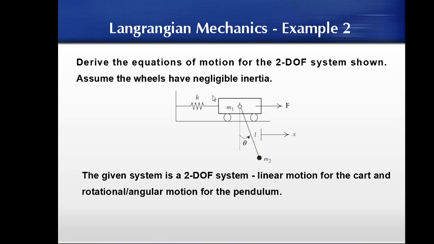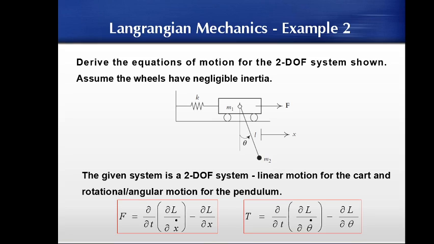So there are 2 degrees of freedom. One is the linear motion of the cart, and the other is the angular motion of the pendulum. Here we will have two equations. One is the equation for force with respect to the system variable x, and the other is for the rotational motion of the pendulum with respect to the angular parameter theta.